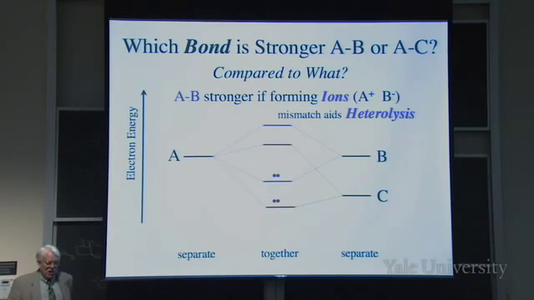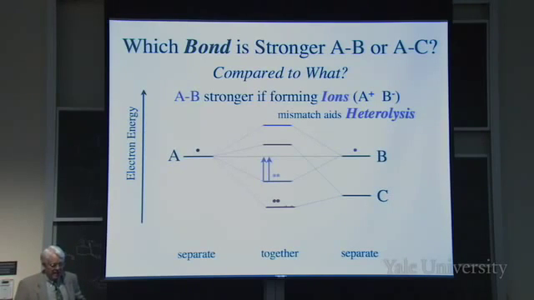So mismatch aids heterolysis. Heterolysis, uneven breaking, is to put them both on the same side rather than one on each side. That's called homolysis, as you'll see in a second. So if you put them both on one side, then it's easier to break if they're mismatched. The bond is stronger if they're well matched, okay?